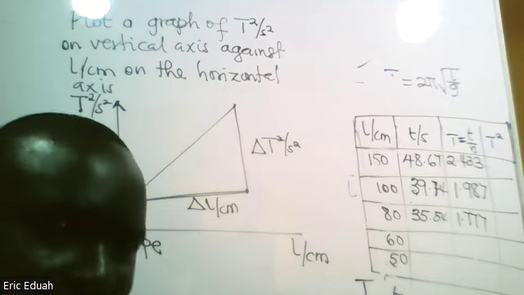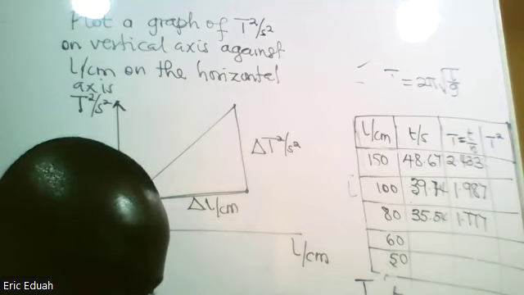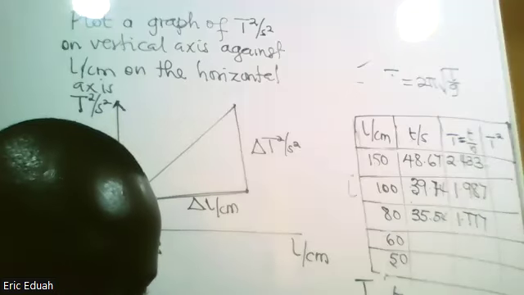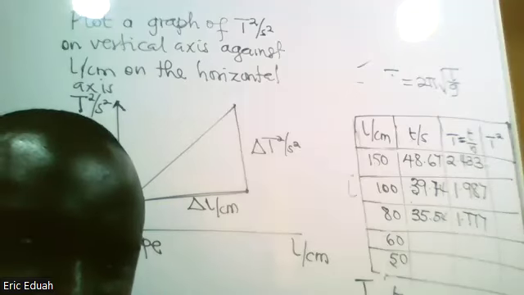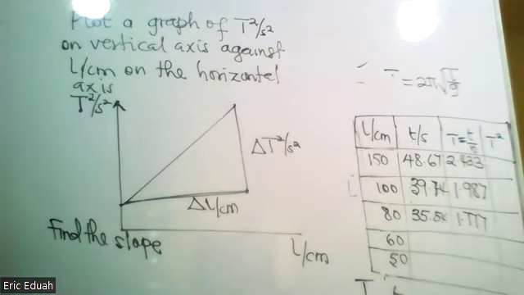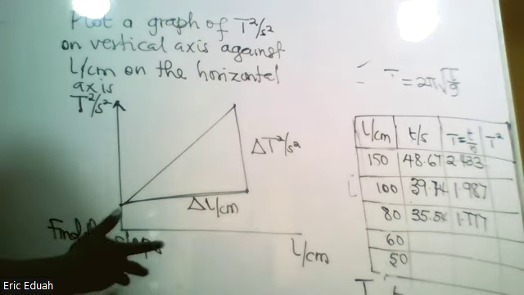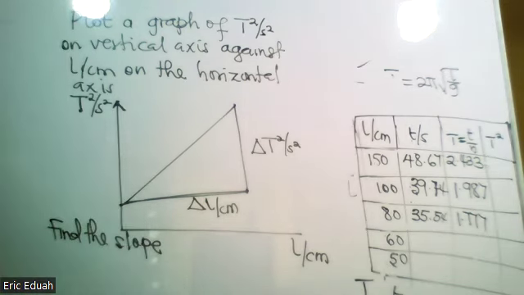What is the indication that the value you have for your slope is correct or wrong? You need to understand what this means.